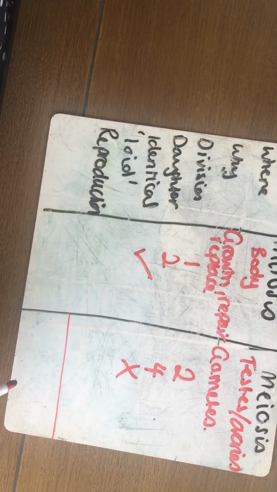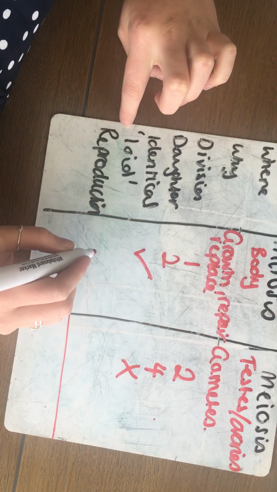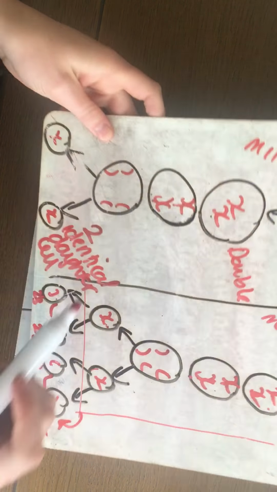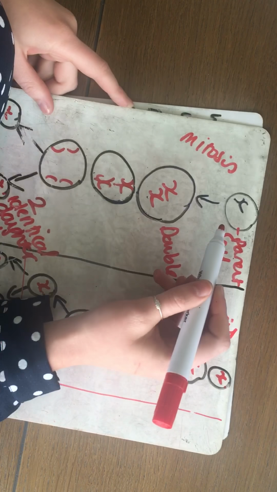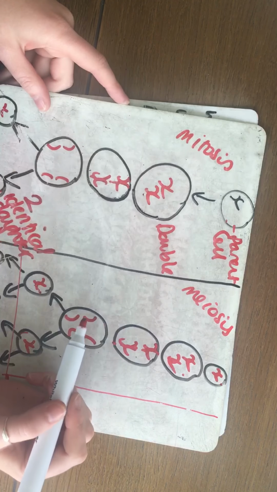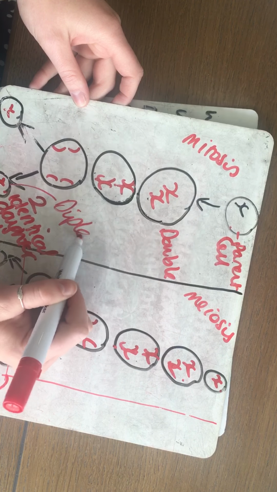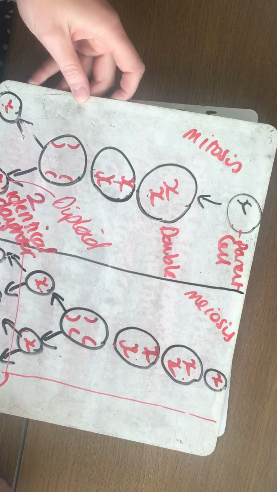Mitosis has the full number of chromosomes in the daughter cells as it has in the parent cells. Those cells here are known as diploid. They've got the full number of chromosomes.